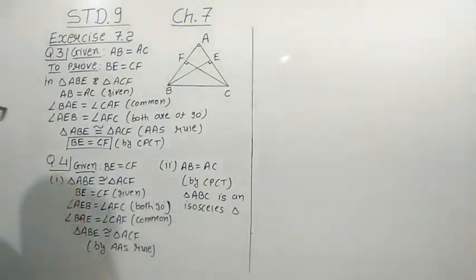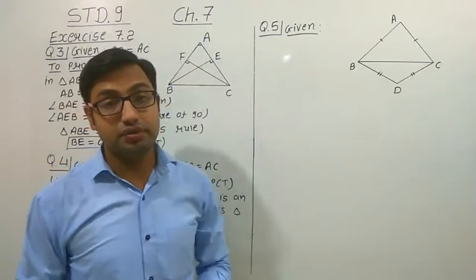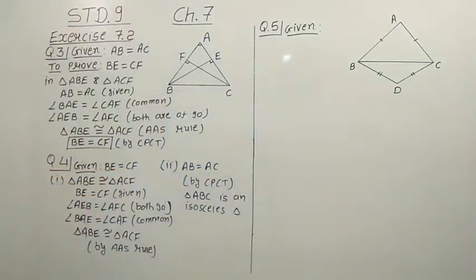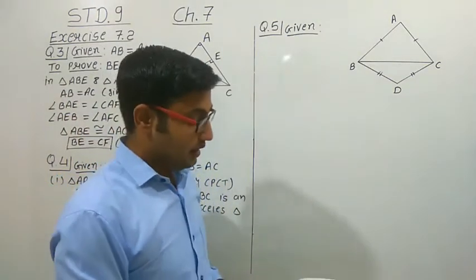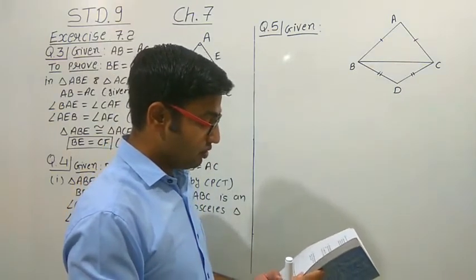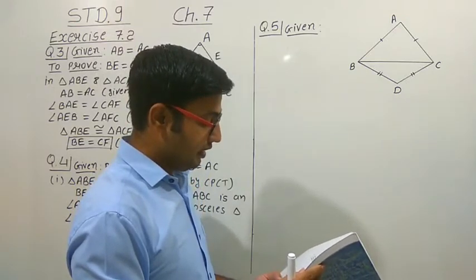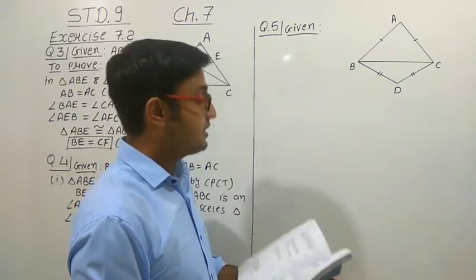Okay, so this is question number 3 and 4. Let us study question number 5. Question number 5: ABC and DBC are two isosceles triangles on the same base BC, so that angle ABD is equal to angle ACD.